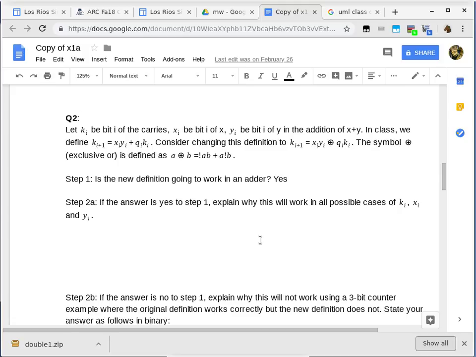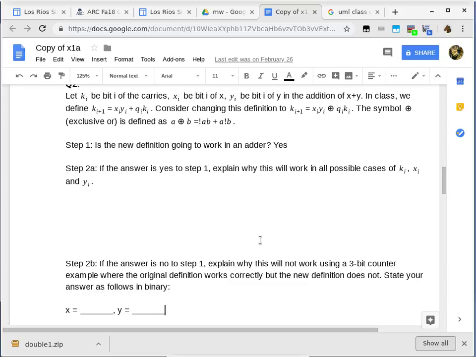And then 2b is kind of the same deal as in question number 1. If the answer is no in step 1, explain why this will not work.